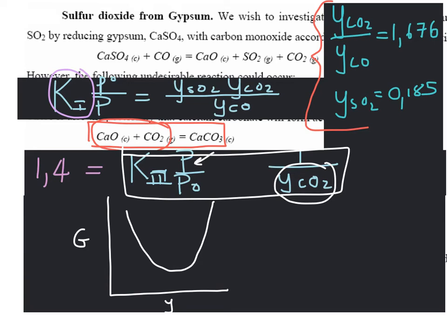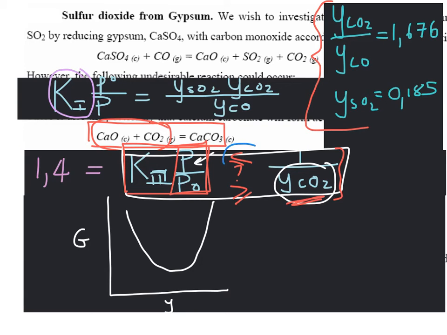However, we want to determine, with the actual composition in the reacting mixture, whether this ratio is larger or smaller than the reaction equilibrium relationship times the pressure divided by the standard state pressure.